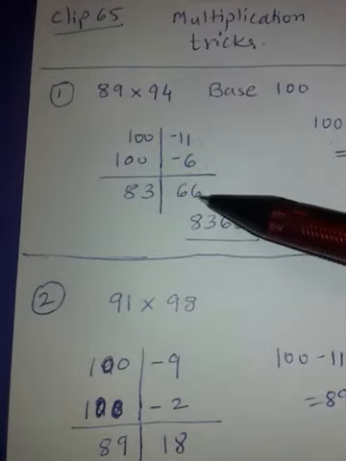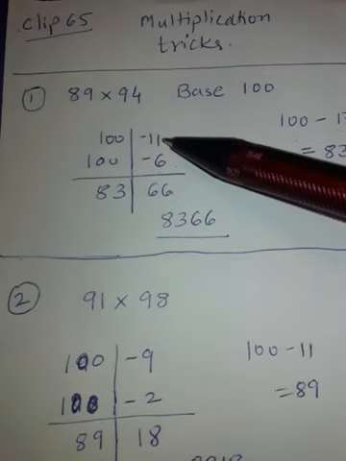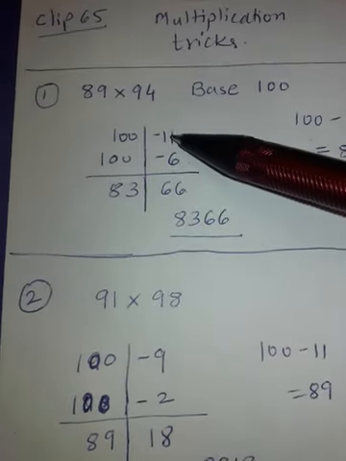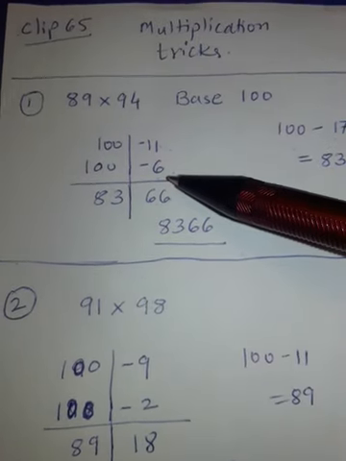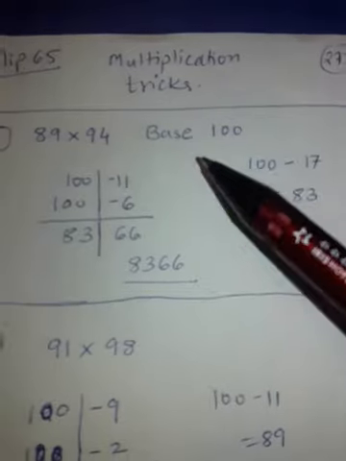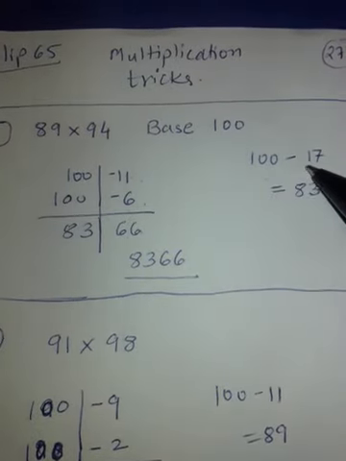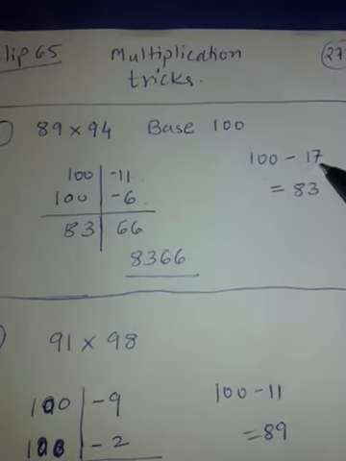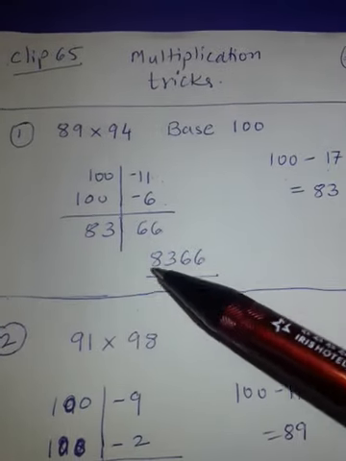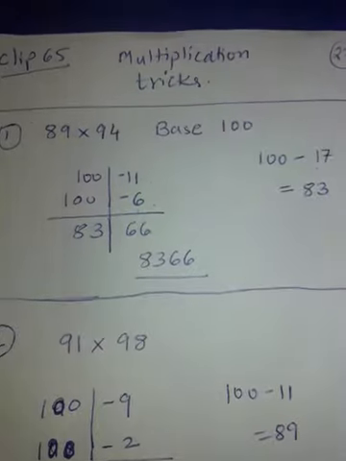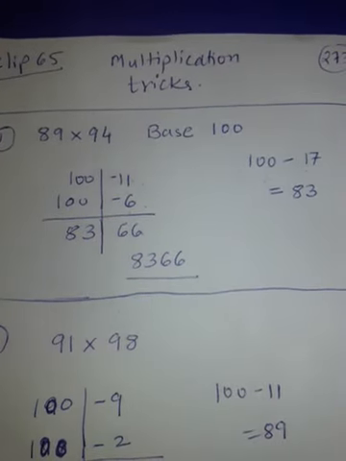Both minus, so product is plus. Now when I add minus 11 to minus 6, the answer is minus 17. Since base is 100, I'll do this subtraction, 100 minus 17, and I get 83. I'll write 83 here and that becomes my answer. In a few seconds you get this answer.